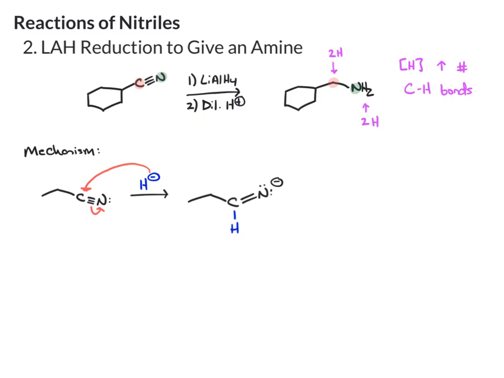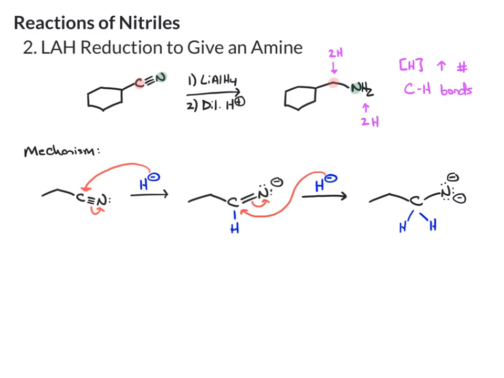And this next step, I'm oversimplifying it a little bit, but the way you can think about this actually happening is just another hydride coming in, attacking that carbon, pushing a third lone pair onto the nitrogen. Bit unusual, but we're going to draw two negative charges on the nitrogen. And we get this intermediate.